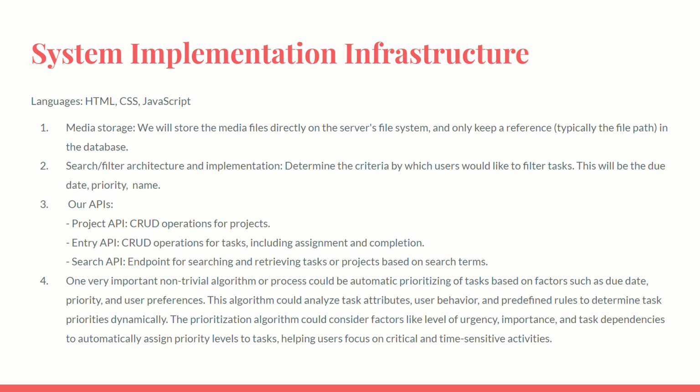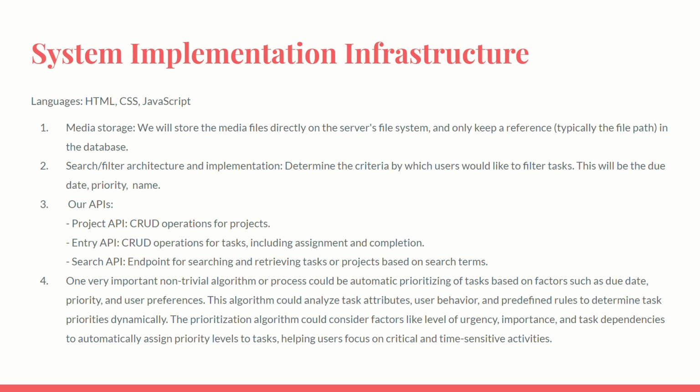Our APIs: project API, CRUD operation for projects; entry API, CRUD operation for tasks, including assignments and completion; search API, endpoint for searching and retrieving tasks or projects based on certain terms. And one very important non-trivial algorithm or process could be automatic prioritizing of tasks based on factors such as due date, priority, and user preference.